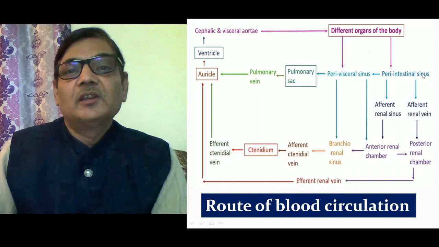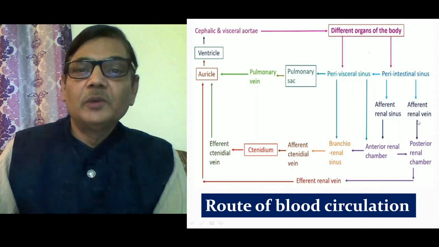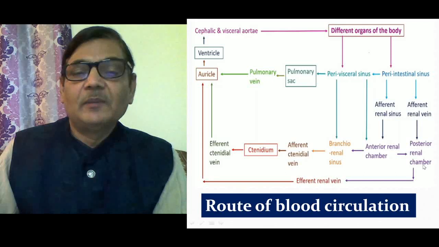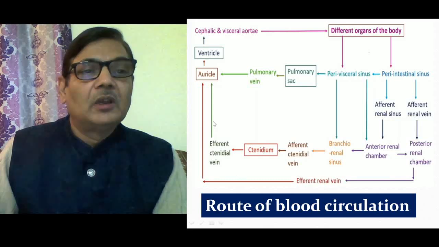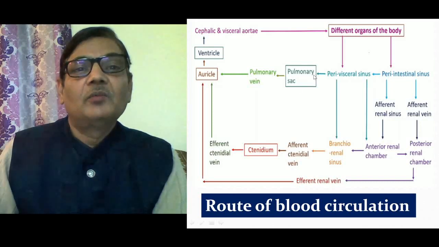Or this periintestinal sinus will supply its blood to afferent renal vein. From this afferent renal vein, it will be supplied to posterior renal chamber, and from posterior renal chamber the blood will go to the heart through efferent renal vein. So we can have an idea how blood flows through the different portions or different blood vessels of the animal's body.